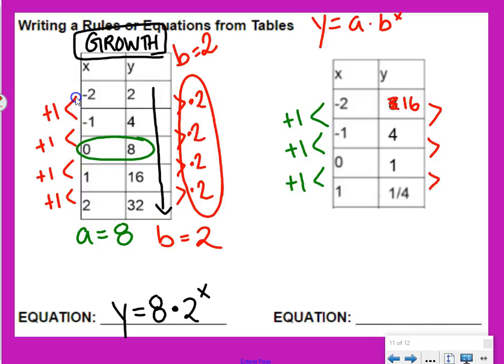Again, we want to look at multiplication. Now, if we think about it, 16 divided by 4 would give us 4. 4 divided by 4 would give us 1. 1 divided by 4 would give us 1/4. However, we don't want to write it as division. We do want to write it as multiplication. So to write dividing by 4 as multiplication, we write it as times 1/4.